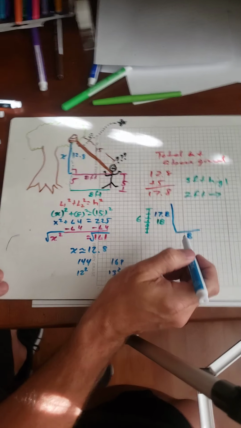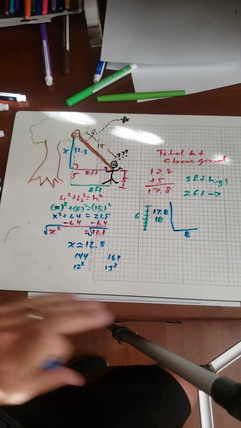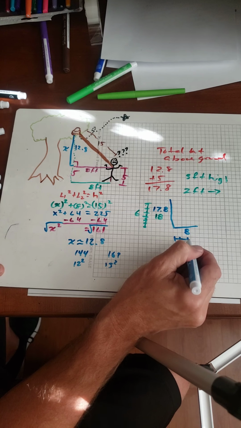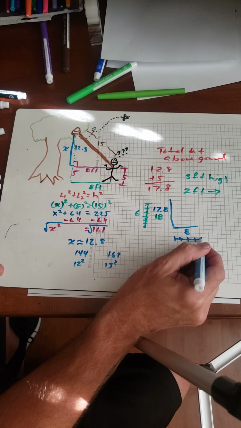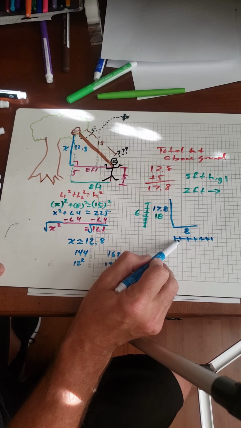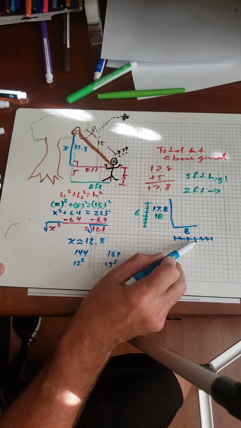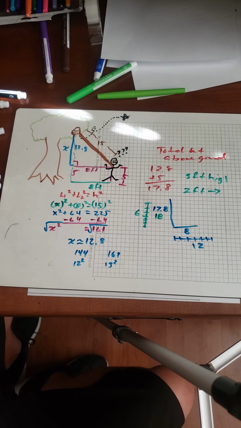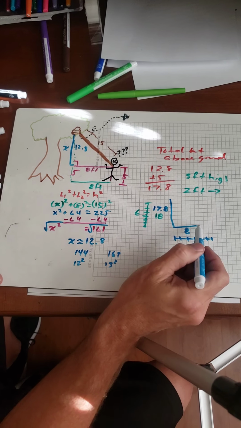So that means I need to be 1 section, 2, 3, 4, 5, 6 sections, and each of these are 2 feet. So that's 2, 4, 6, 8, 10, 12. So that means I need to be 12 feet away.